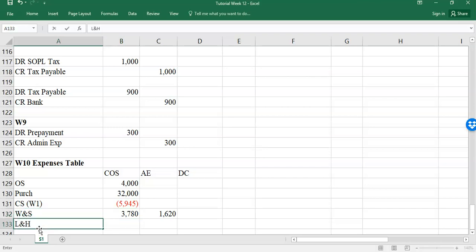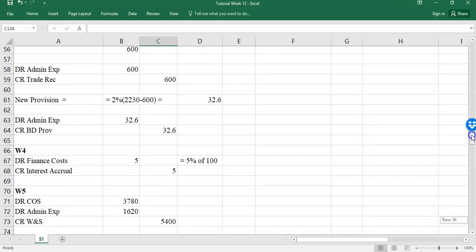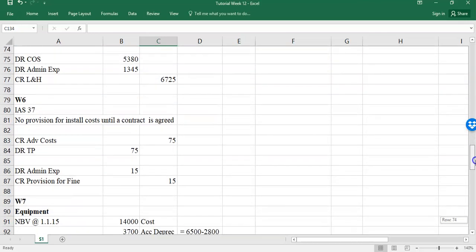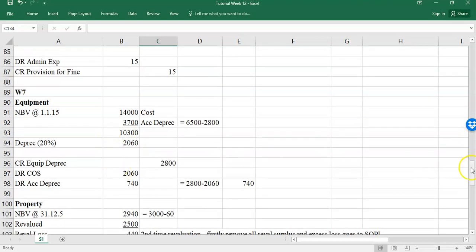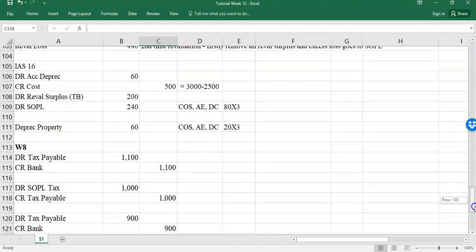Light and heat, you have 5380, and then the difference 1345 goes to admin expenses. So it's nice to have that columnar structure. You capture both as you go down along. So we're then told anything else for cost of sales, 2060 for equipment depreciation, and 80 and 20 for the property. So we'll do those.